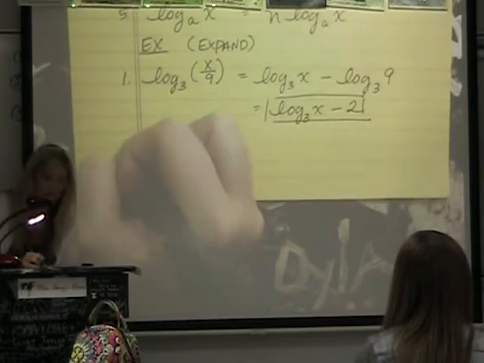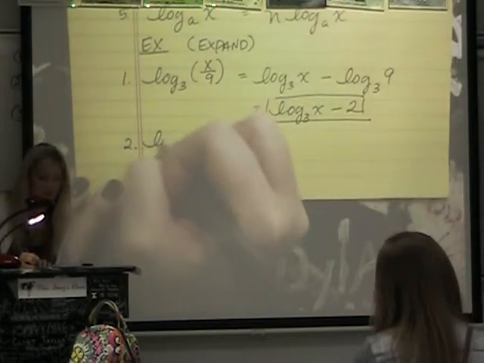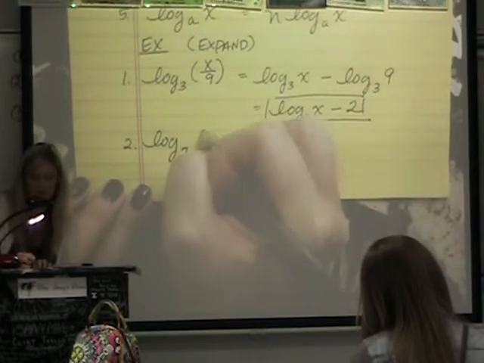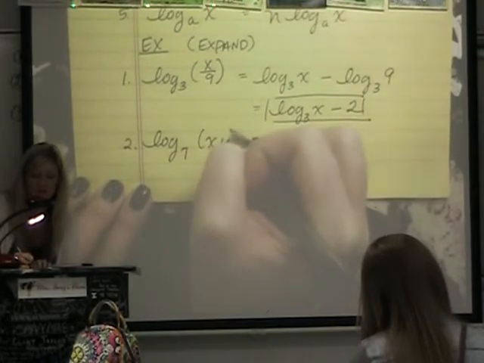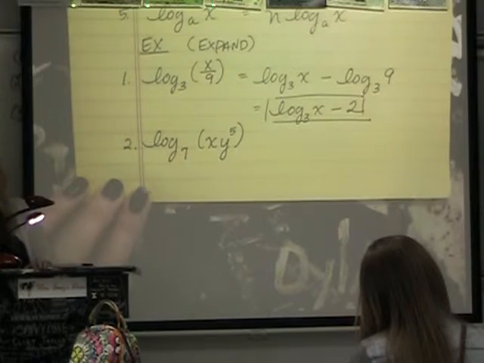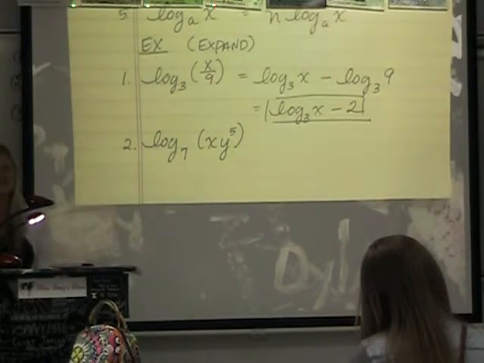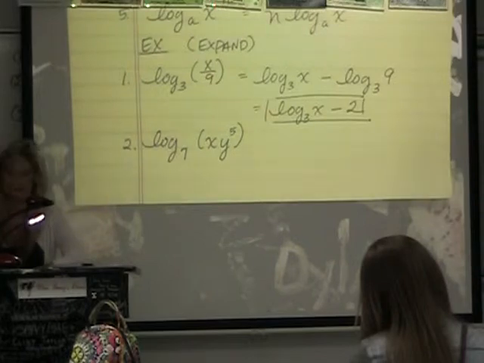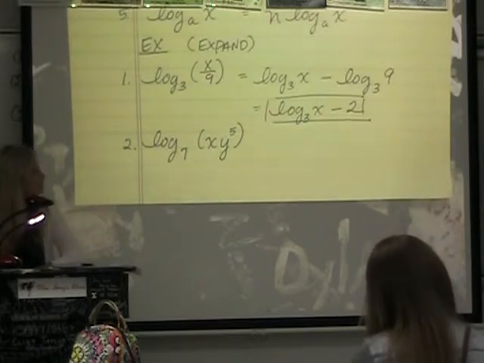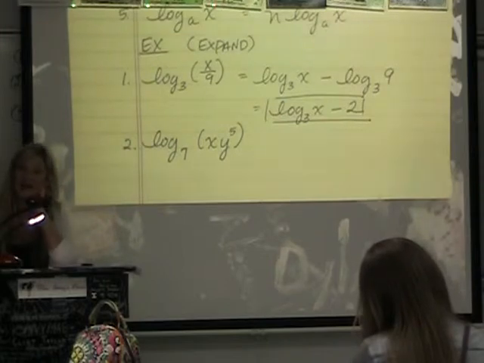Let's try another one. This time we're going to do log base 7 of x times y to the 5th power. Log base 7 of x y to the 5th power. So hopefully you notice that I have two things going on here inside my expression.